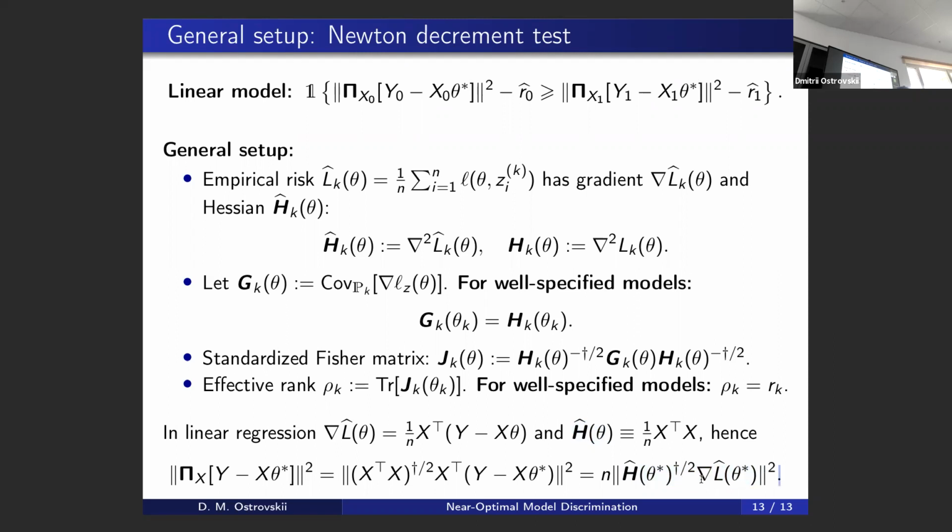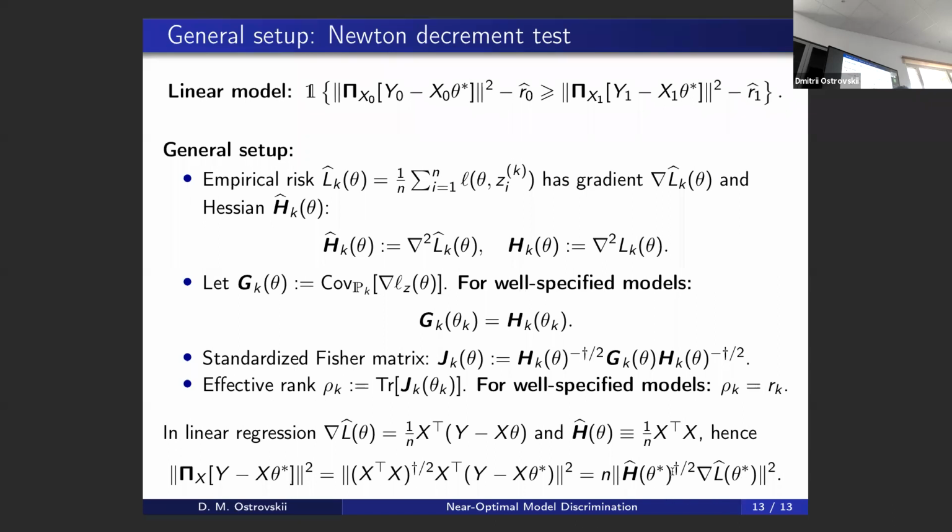I recognize that in the case of the linear model, what I was looking at was actually this aggregate: the squared norm of the gradient of the empirical risk at theta star, where the norm was the dual norm of the Hessian, actually the pseudo-inverse. So this is the Newton decrement of the sample, corresponding to this empirical distribution, evaluated at theta star.